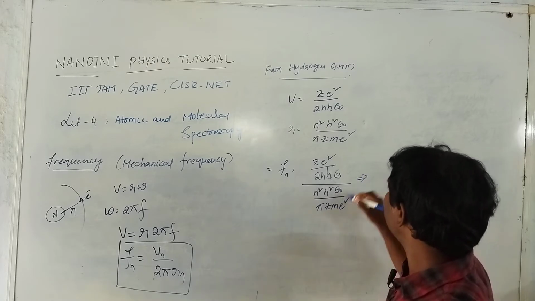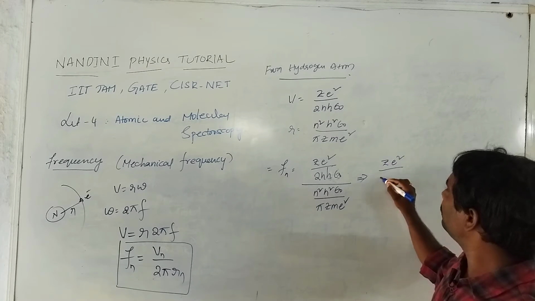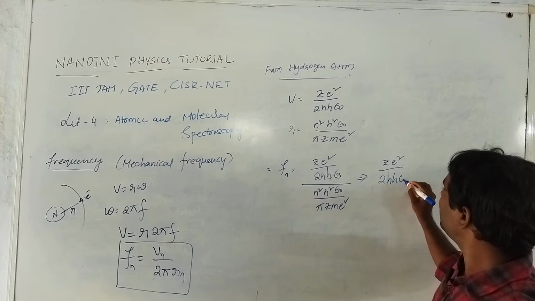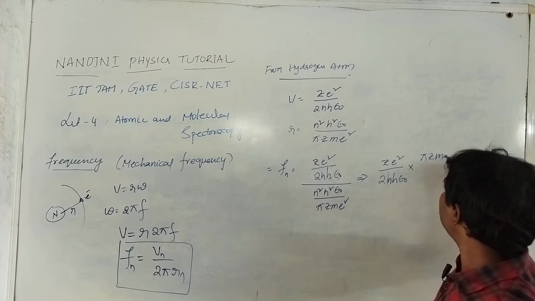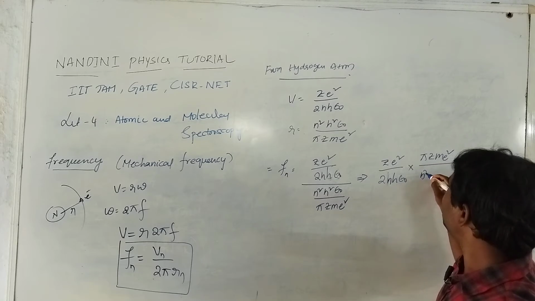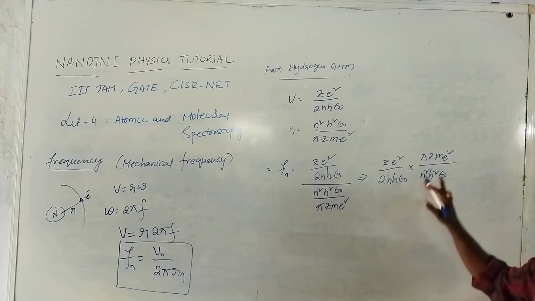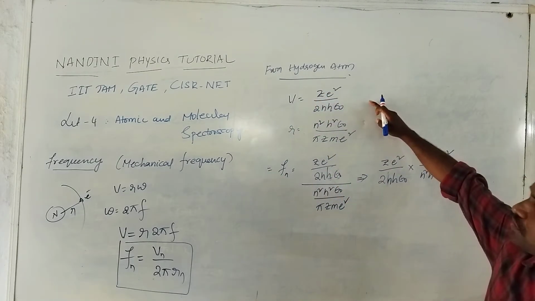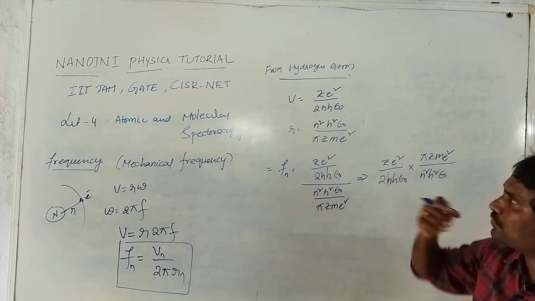So you can write this equation as Z e square by 2 n h epsilon naught times pi Z m e square divided by n square h square epsilon naught. Okay, you will get finally this equation by simply substituting the velocity and radius of the hydrogen atom.